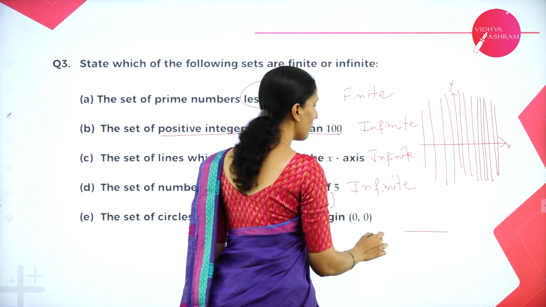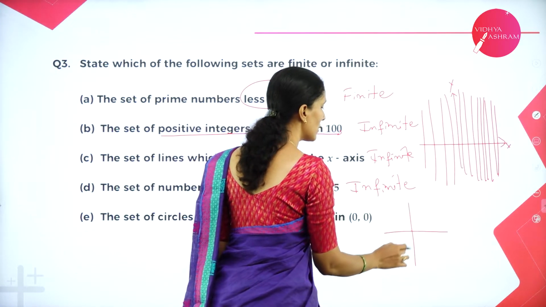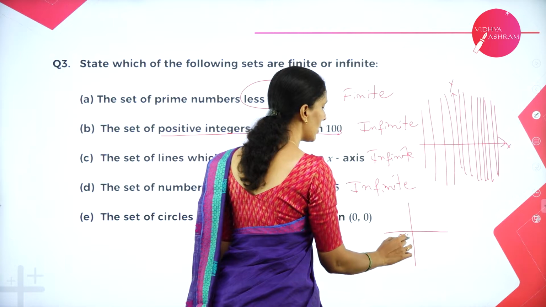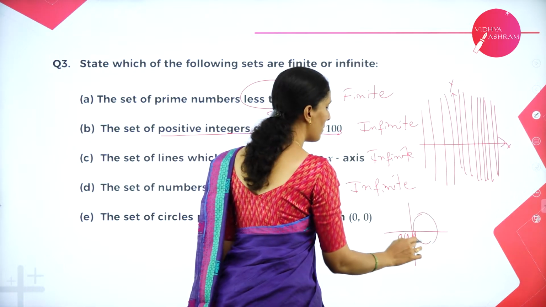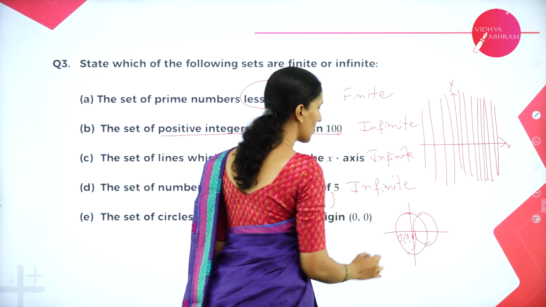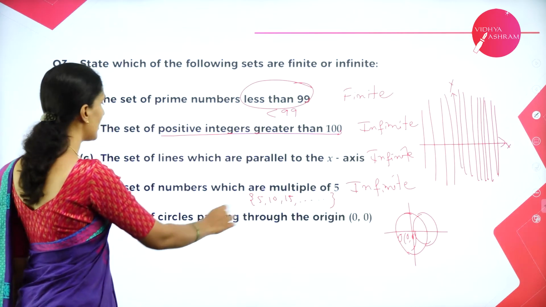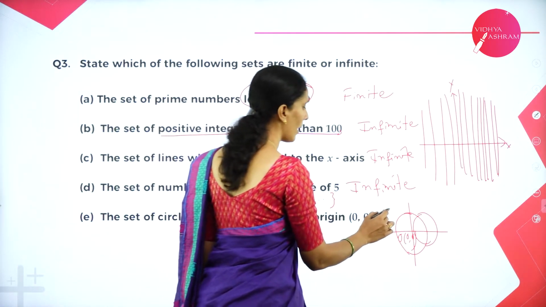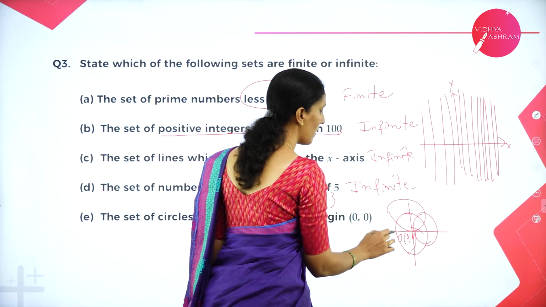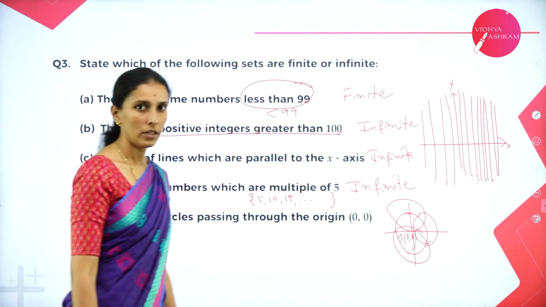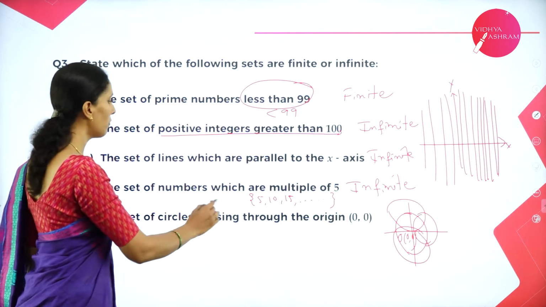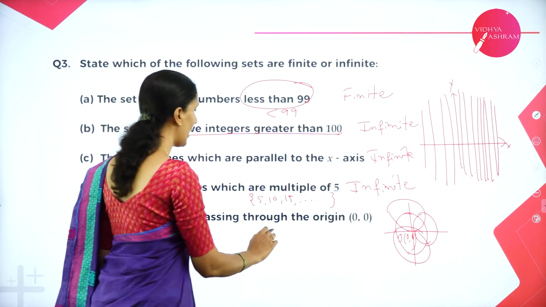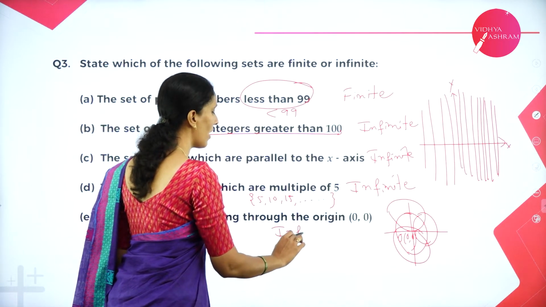If you have a coordinate axis, this is your origin, that is, (0, 0). You can pass any number of circles through the origin. So therefore, this is also an example of an infinite set.